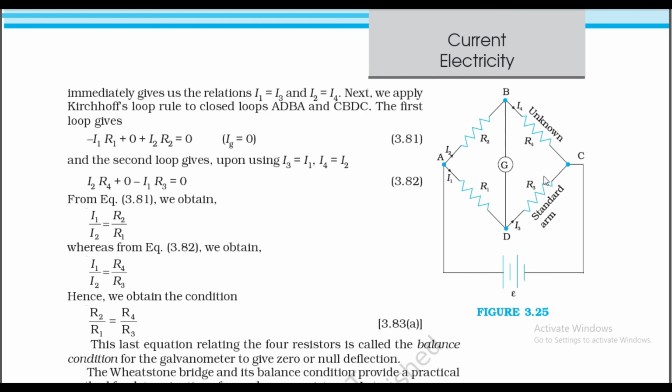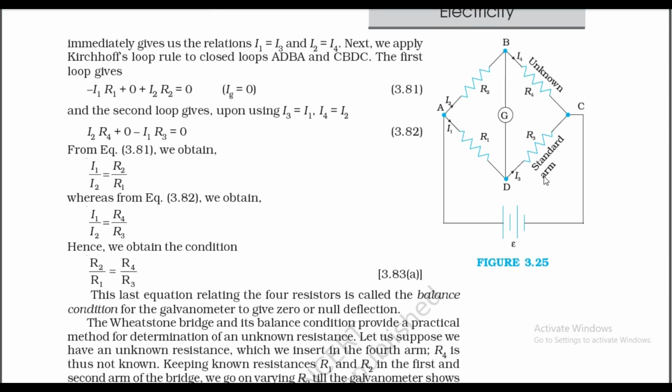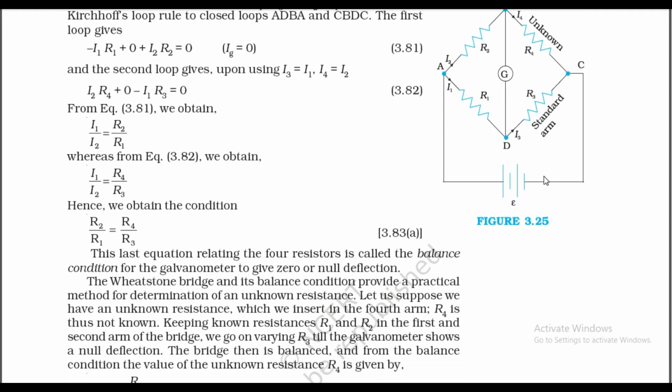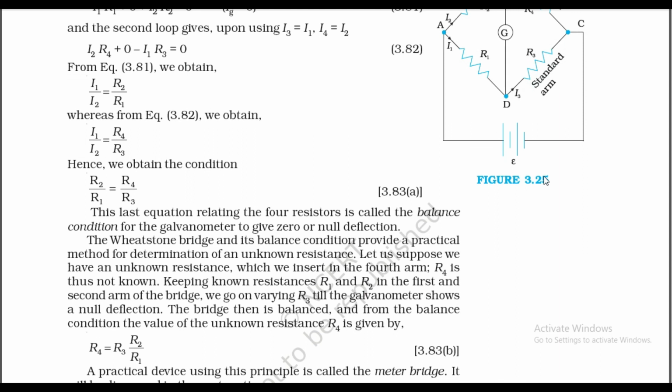From equation 3.81 we obtain I1 divided by I2 is equal to R2 divided by R1, whereas from equation 3.82 we obtain I1 by I2 is equal to R4 by R3. Hence we obtain the condition R2 by R1 is equal to R4 by R3.